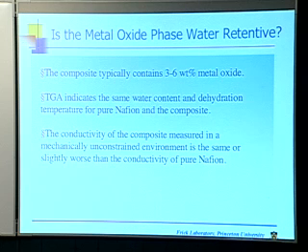Second of all, in terms of this acid idea, Nafion is a superacid. It's a sulfonic acid with essentially the equivalent of trifluorosulfonic acid, because the polymer backbone is fluorinated, as are the side chains. So it's a very strong acid.